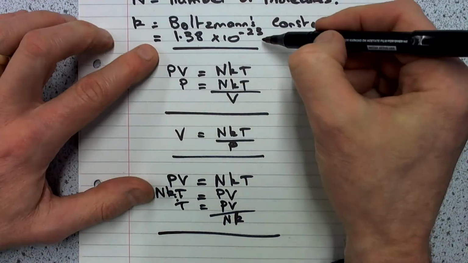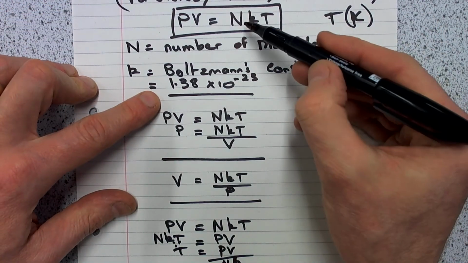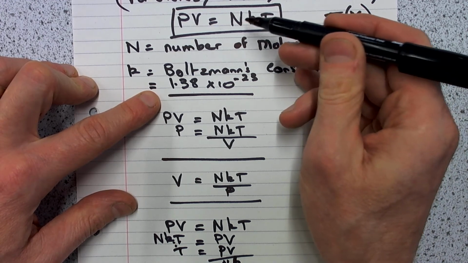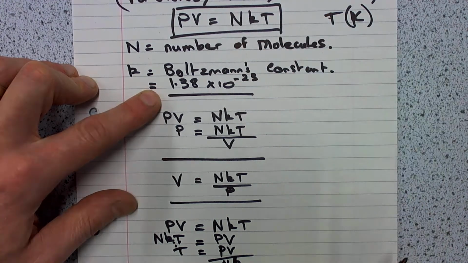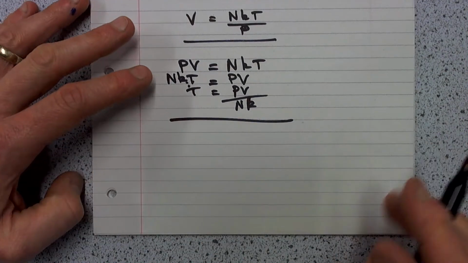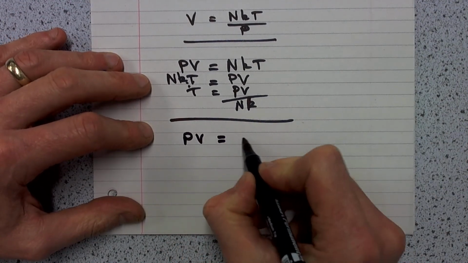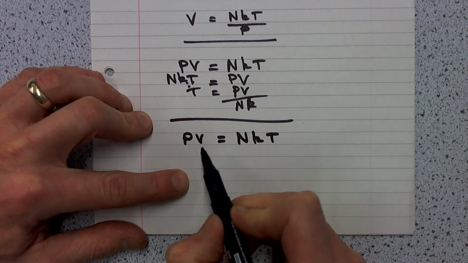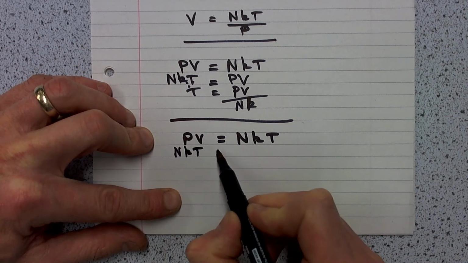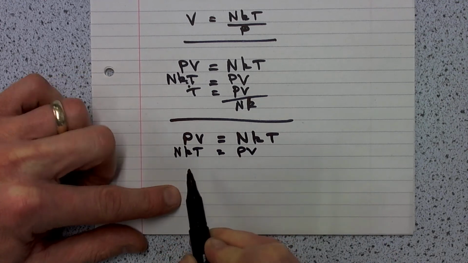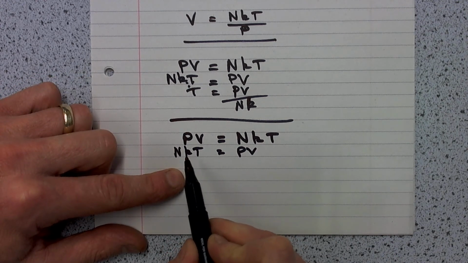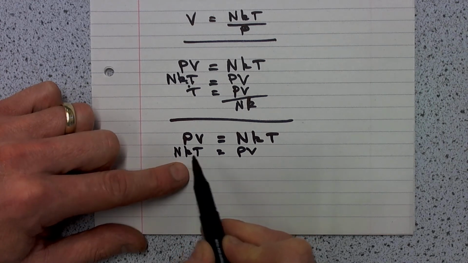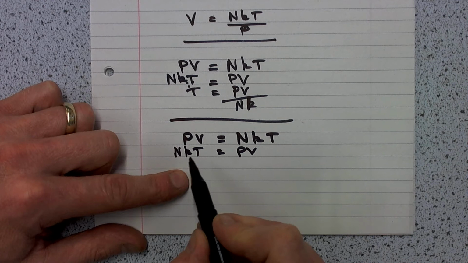And to be honest, Boltzmann's constant stays the same. That ain't going to go anywhere. But the last thing you might be asked to work out is the number of particles, number of molecules, if you're told these are the factors. Let's have a look at that then. Again, we start off with the formula that will be given in the question. We want to make N the subject. I'm going to put the unknown things on the left-hand side. To get N on its own, these are multiplied, so I divide by K times T. It will cancel on this side, and it will appear underneath here because we're dividing both sides.